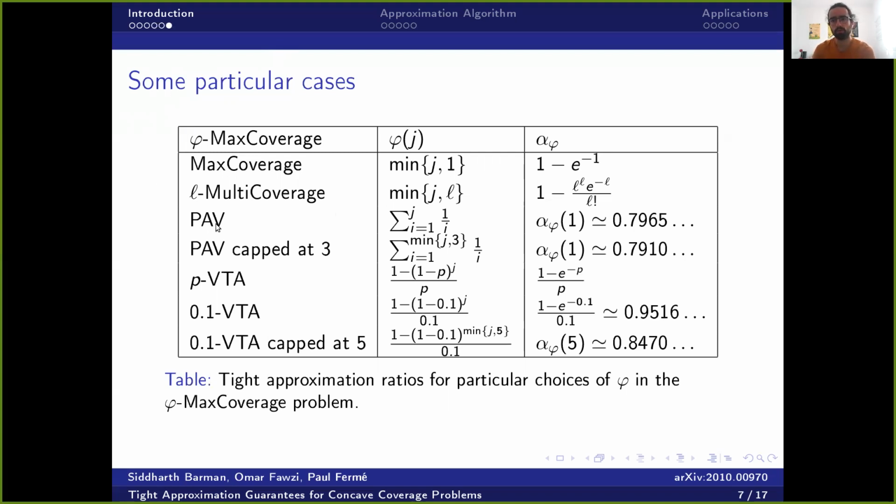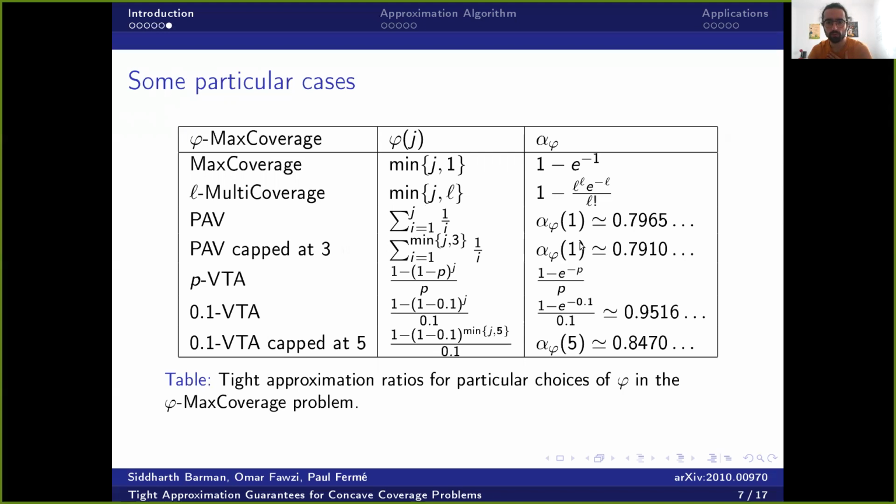It's the proportional approval voting, which is something used in the multi-winner election context. And one can think about capping this. So you just take some kind of function, and then you choose a rate, for instance, 3, and then it remains constant. All of those functions which are capped were not covered by the geometrically dominant setting.